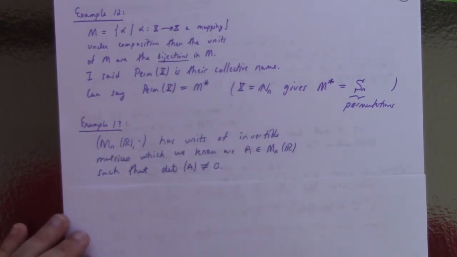Another example: if we look at n by n matrices, the units are the invertible matrices, which we know and love from linear algebra as being the matrices that have non-zero determinant.